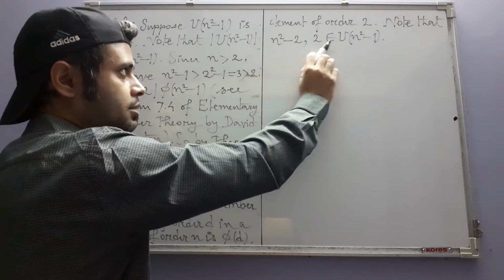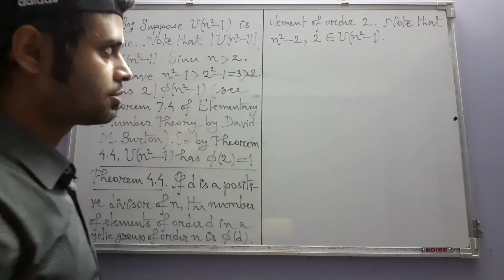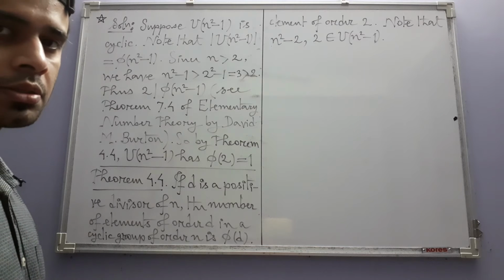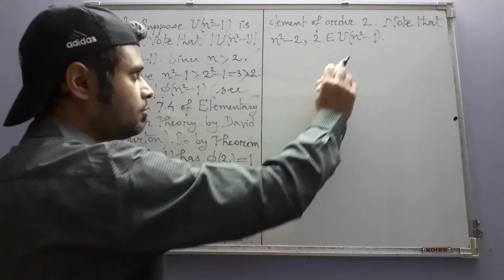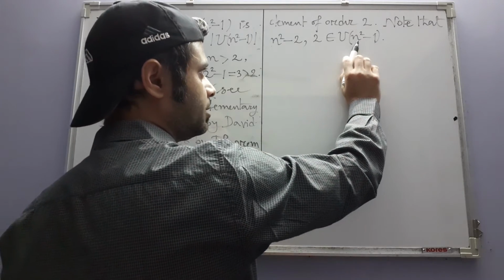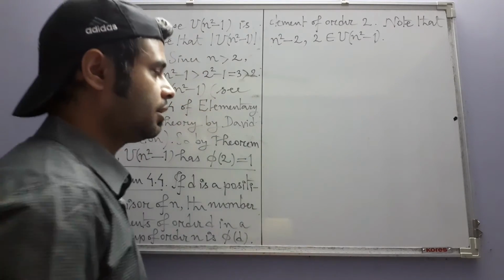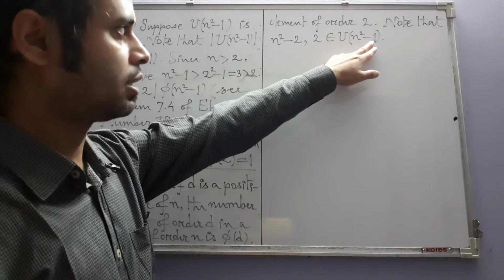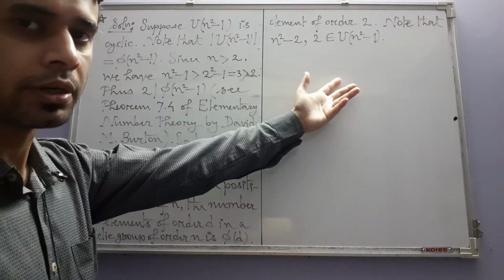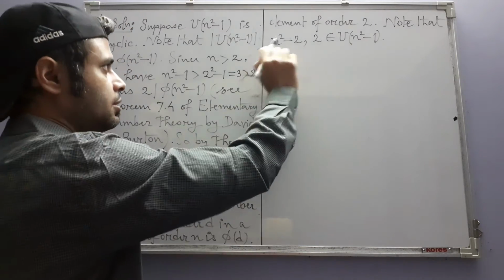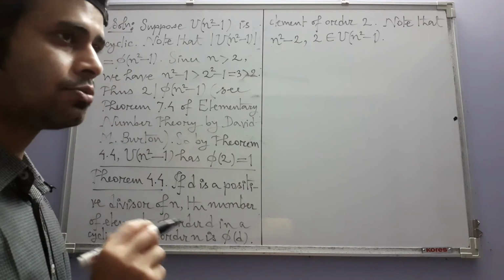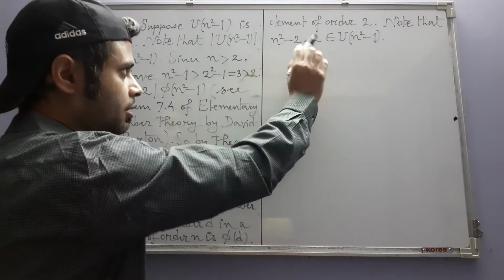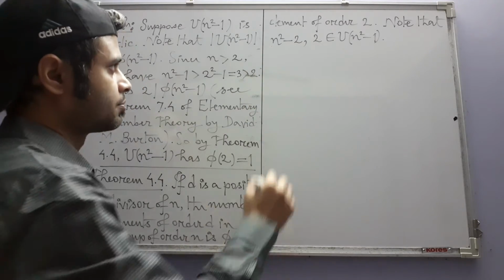This of course is less than n square minus 1. This is less than n square minus 1 because n is greater than 2 again. And the smallest value of n is 3, in which case 3 square, 9 minus 1 is 8, so 2 is definitely less than 8. So these elements are there in this group. Oh, but there is one more condition: they must be relatively prime to this.